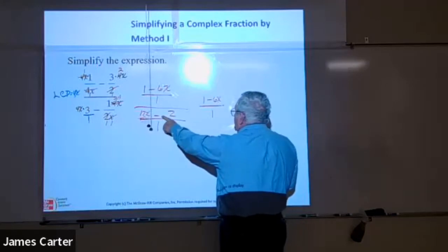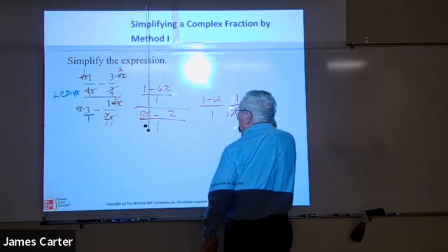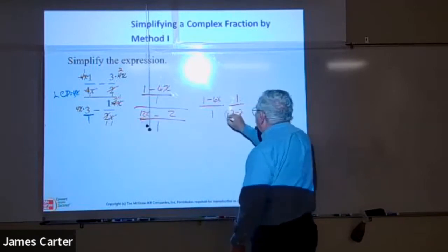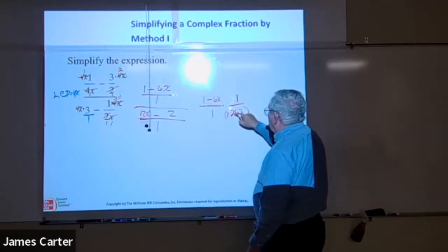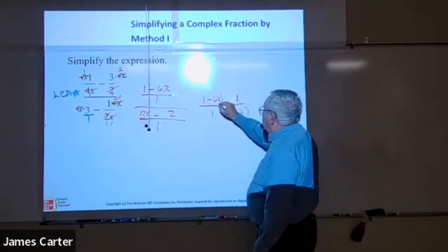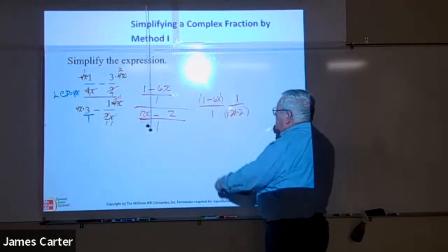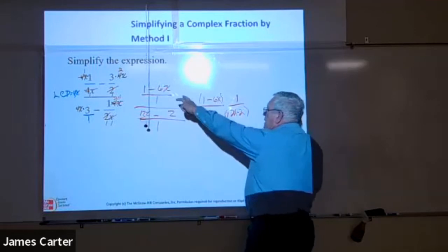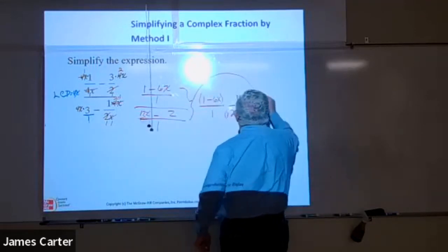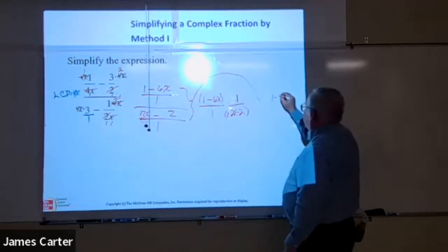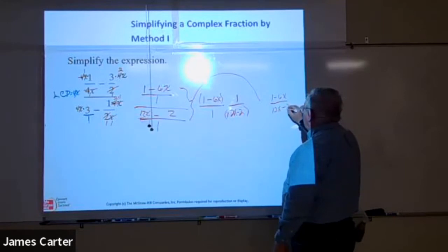What I've got to do is I've got to flip this. 1 over 12x minus 2, and I'll put a parentheses around that. I don't care if you show this step at all. As far as I'm concerned, you can go from this step straight to 1 minus 6x over 12x minus 2.